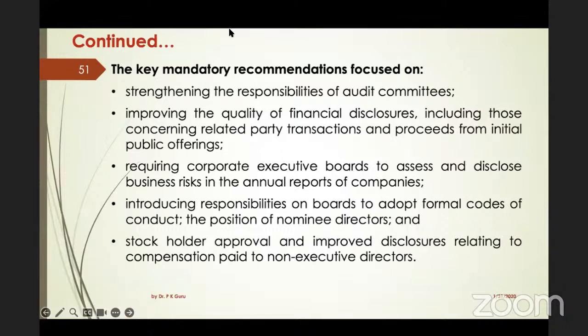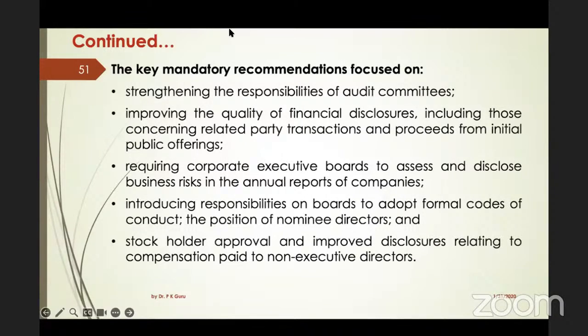Related party, if you are talking of relation, can be somebody related to you by blood, that is one. But a related party transaction basically is when both the parties have mutual interest. If you have mutual interest in each other, then there is a possibility of fraud.